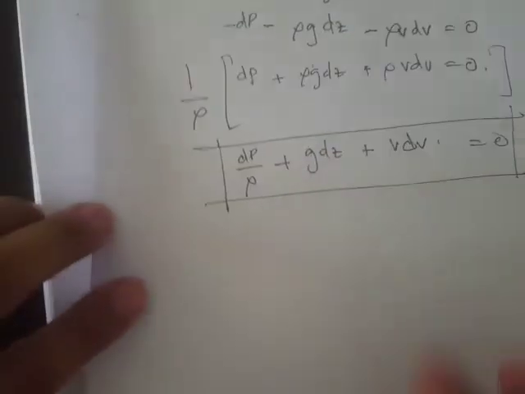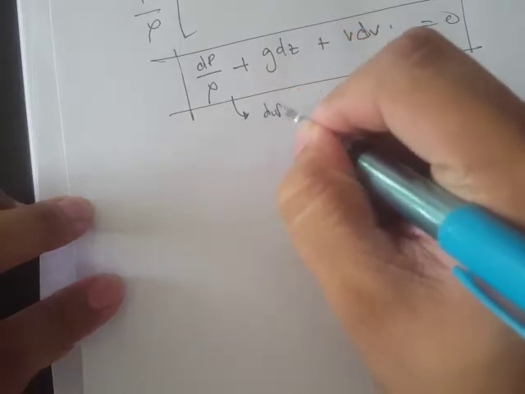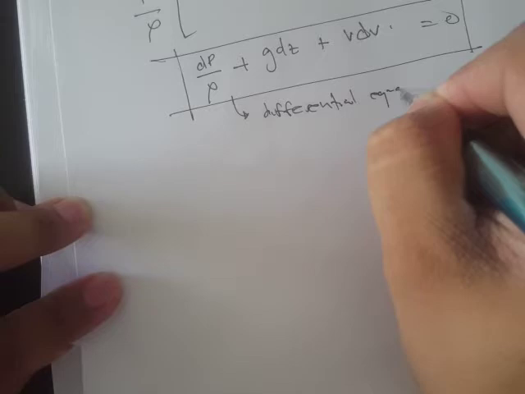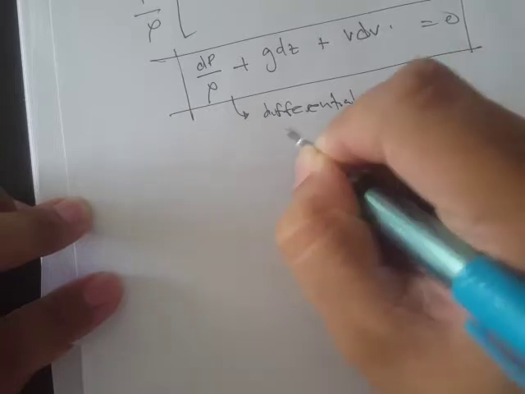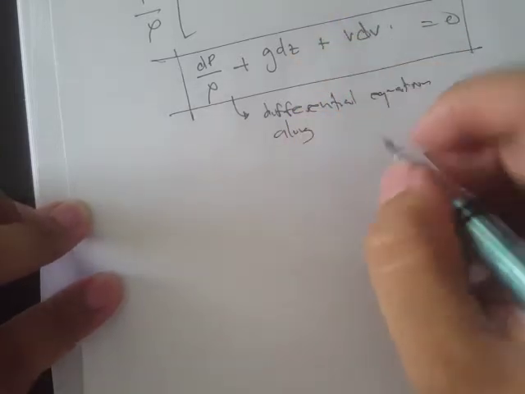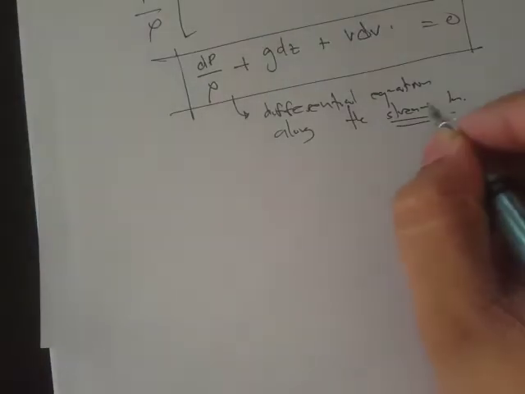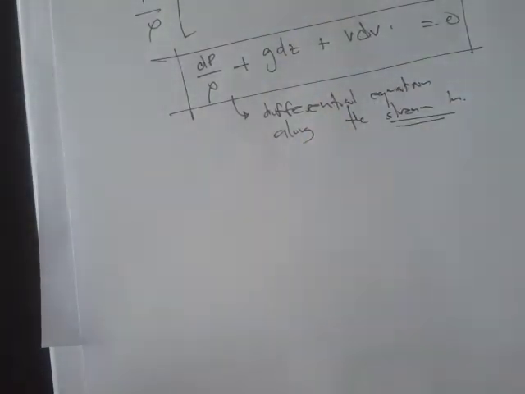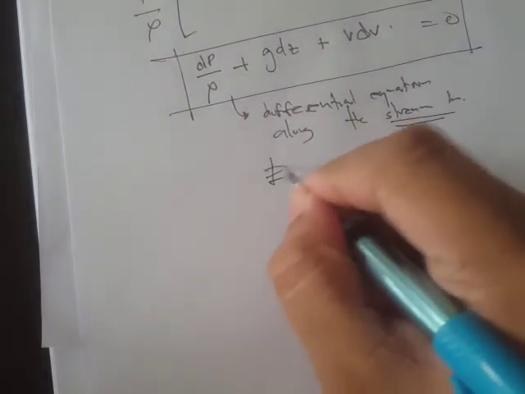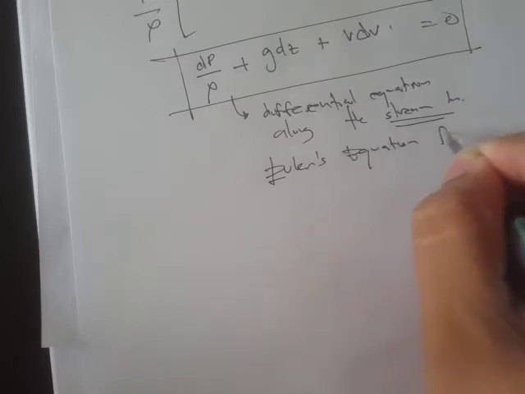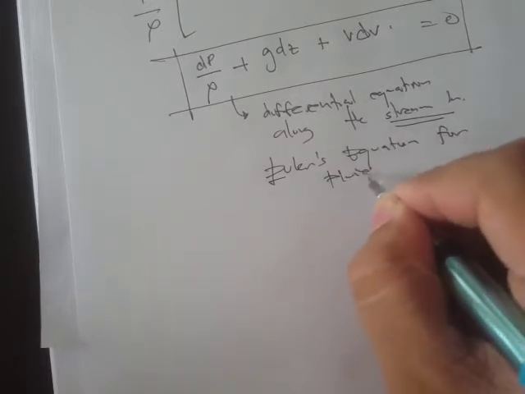Okay, so now this is the differential equation along the streamline, which is known as the Euler's equation for fluid flow.